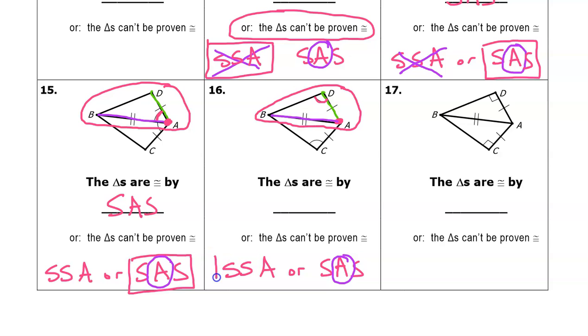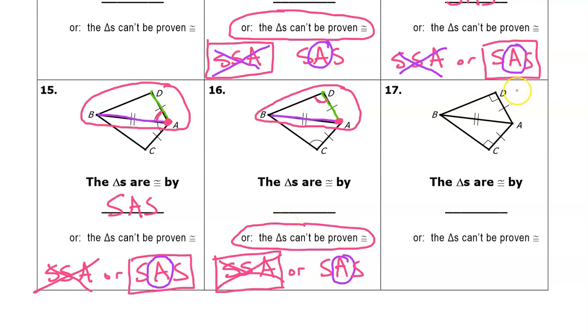That means this is a side-side angle situation, but side-side angle does not exist. It does not prove that triangles are congruent. Do not put side-side angle on this line, ever. Instead, you say the triangles can't be proven congruent.